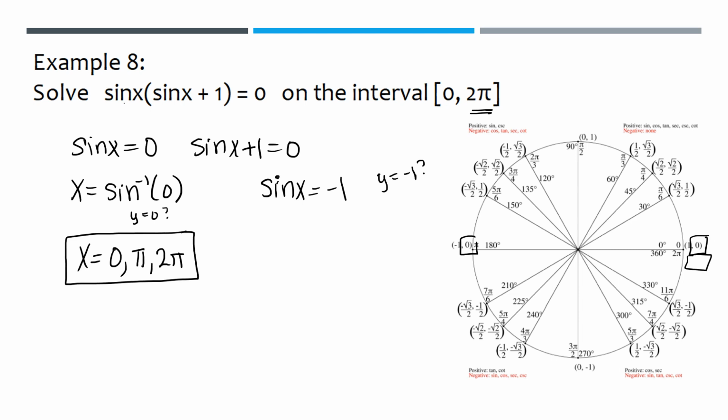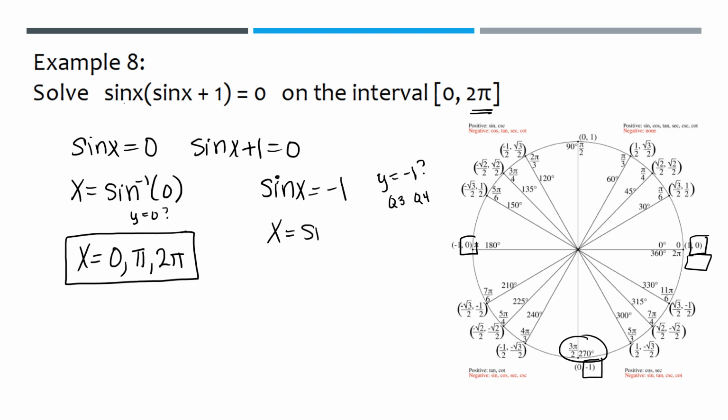Okay, so my y values are negative in quadrants 3 and quadrants 4. And then y equals -1 only in one place, right down here at 270 degrees, or at 3 pi over 2. So now we know our answer, and we're going to show our work.